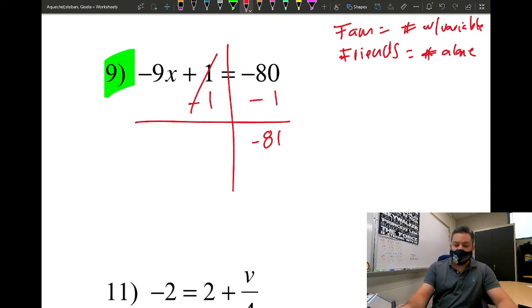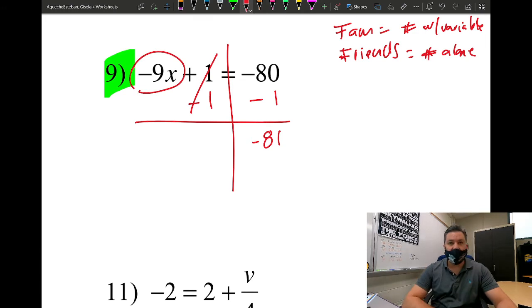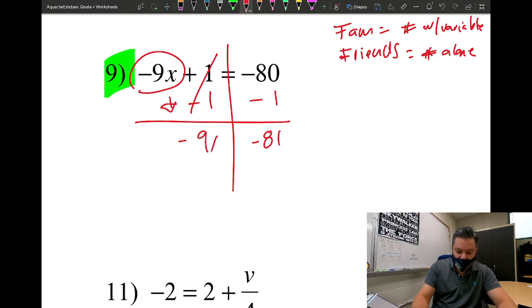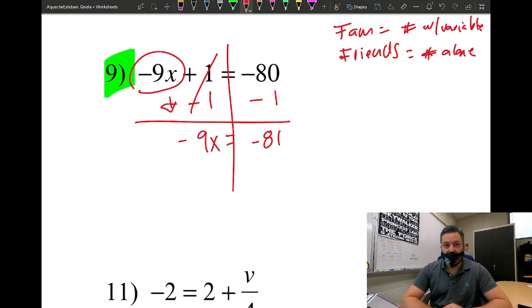What I have left on this side is a negative 9x. I've got to leave the x by itself, right? So I've got to get rid of the family next. I'm going to bring this down the way it is. This is negative 9x equals negative 81. Now my next step is, what is the 9 doing with the x?